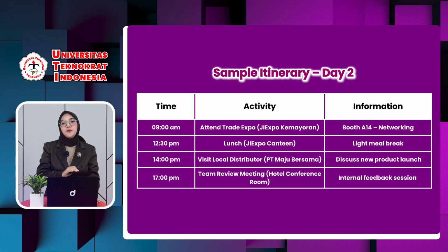And then at 2 p.m., visit a local distributor at PT Maju Bersama, for example. The agenda is to discuss a new product launch. At 5 p.m., it's a team review meeting. The agenda may be internal feedback sessions, and the setting is the hotel conference room.